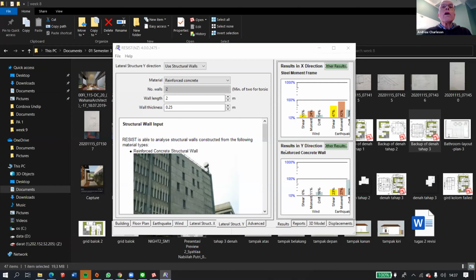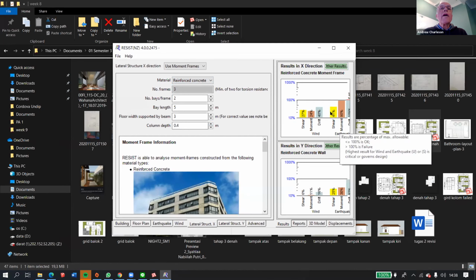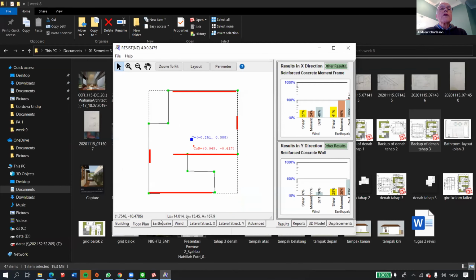Let's go back again. Oh yes, look, in the X direction, you're using steel moment frame. Do you really mean steel, or why don't you use the more common reinforced concrete? Because it is failing. Oh well, you just make the columns a bit deeper. Deeper, okay. See, there you are. That's close enough. Let me see the floor plan.